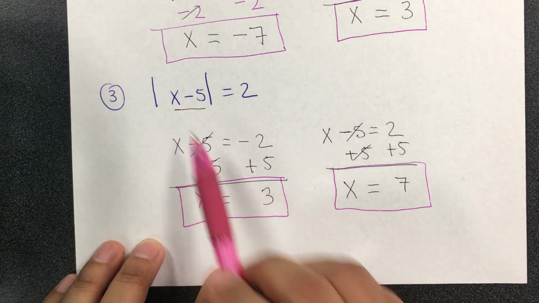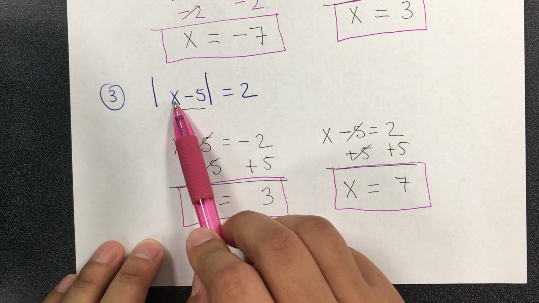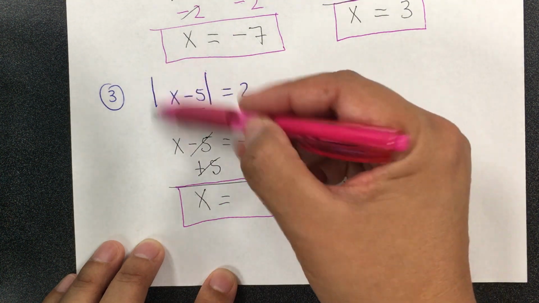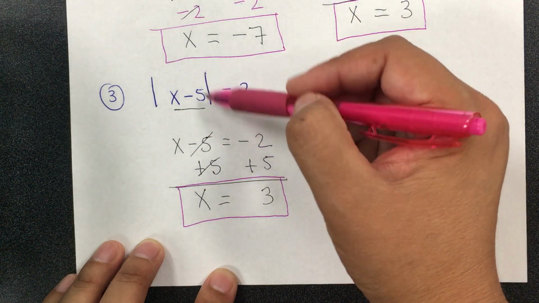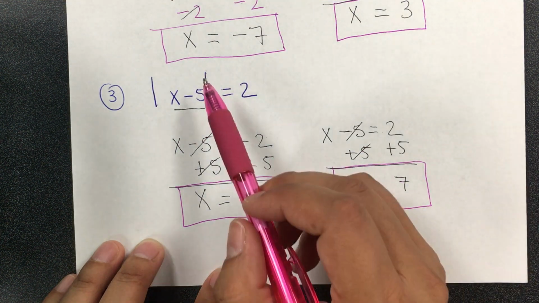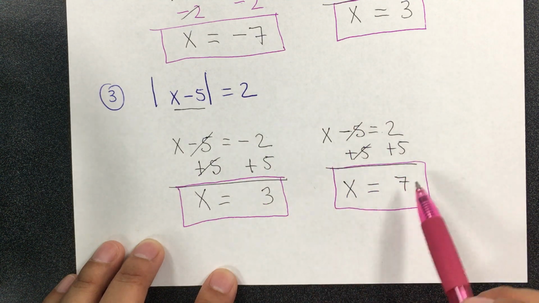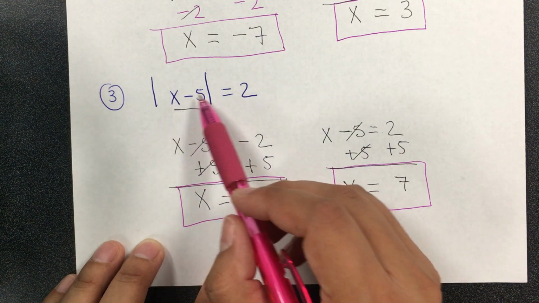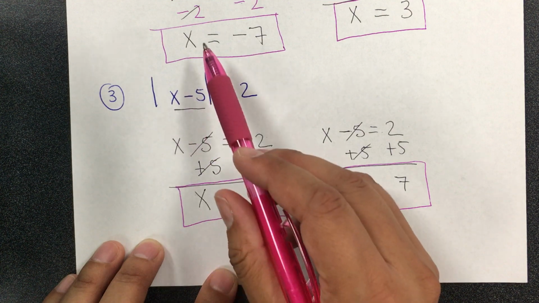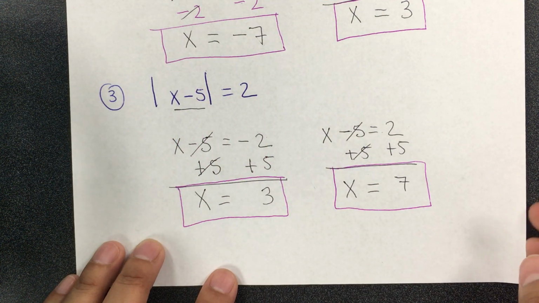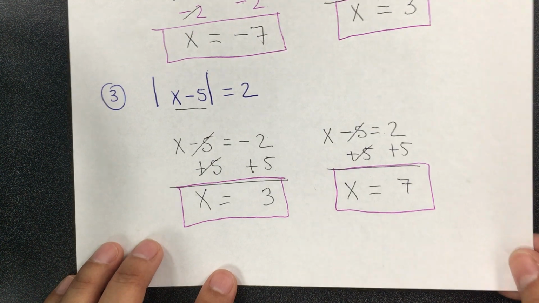If we put the 3 in here, we substitute. 3 minus 5 is -2. But once we get it out of the absolute value of these magic sticks, they make the -2 positive, okay? If we replace it with 7, 7 minus 5 is +2, and the absolute value of +2 is 2. Okay, let's go with some more examples.